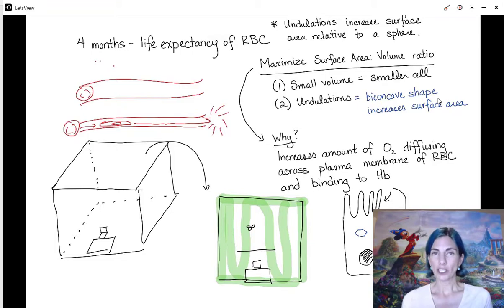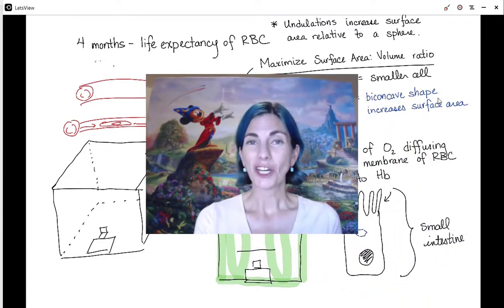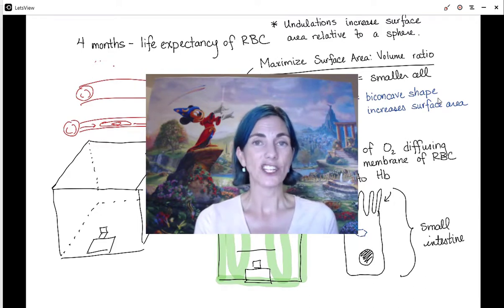The last thing I want to talk about is the loss of mitochondria. So in addition to losing the nucleus, a red blood cell also degrades its mitochondria. So what is the consequence of degrading its mitochondria? The consequence is that you can't go through a lot of the stages of cellular or aerobic respiration.